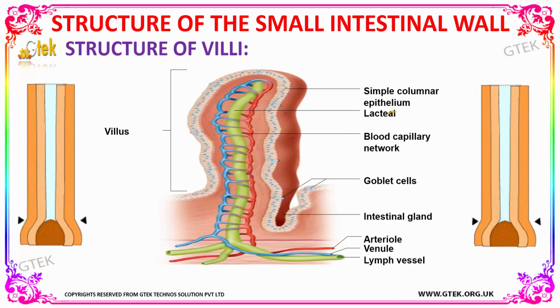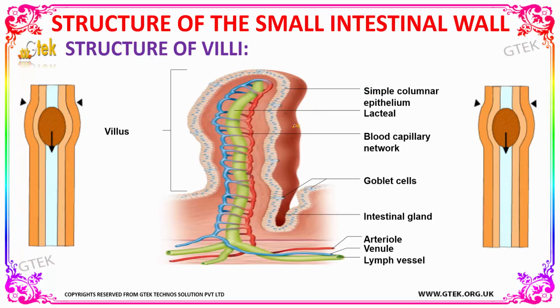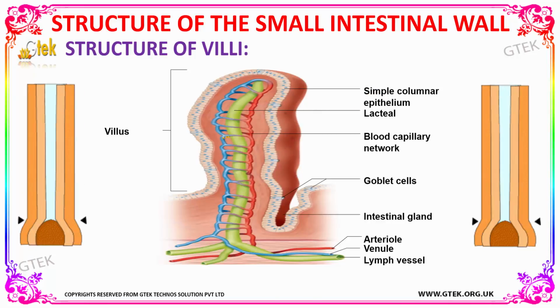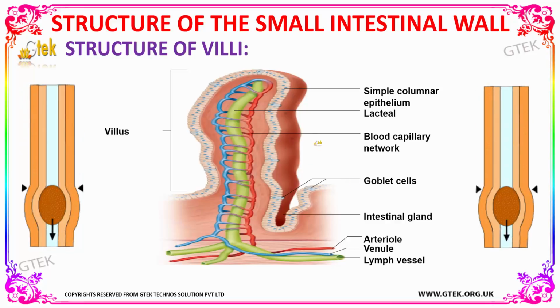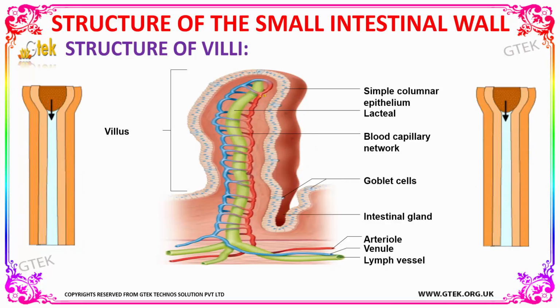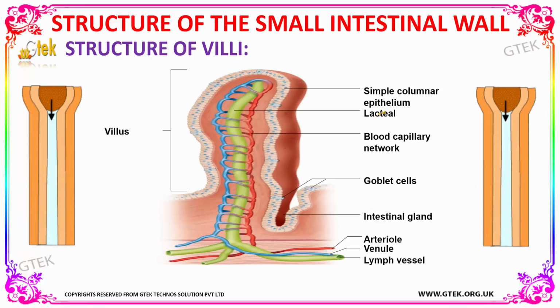So your villus will have a simple columnar epithelium, inside which you will have the blood capillary network, and your blood capillary network encapsulates the lacteal.